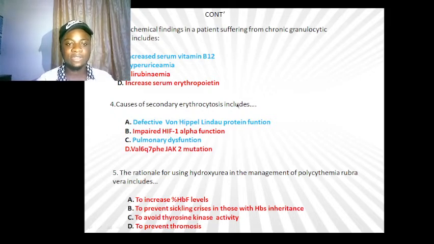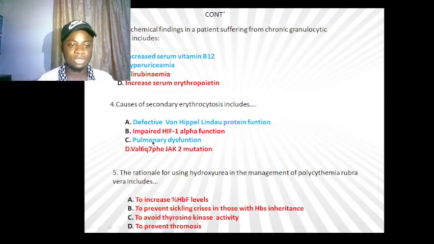So if it is defective, hypoxia inducible factor will remain, leading to production of erythropoietin, which finally increases RBC level. Therefore, if there is defective von Hippel-Lindau protein, there will be secondary erythropoiesis.